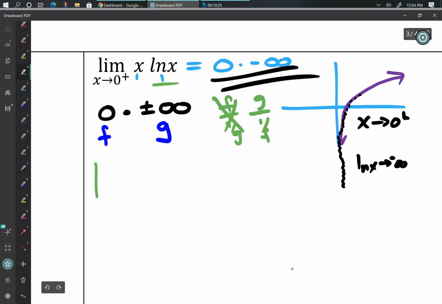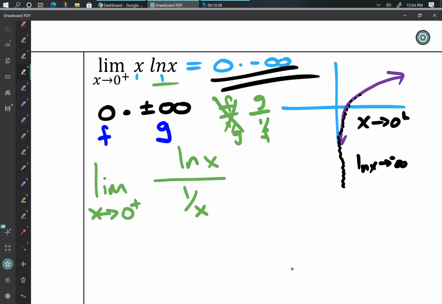So I'm going to rewrite my original problem as the limit as x approaches 0 from the right. I'm going to leave natural log up top, and I'm going to put 1 over x down bottom. Now when I do direct substitution, I have negative infinity upstairs and positive infinity downstairs. 1 divided by a really, really small positive number is a really, really large positive number. So this is good. I can now apply L'Hopital's rule.